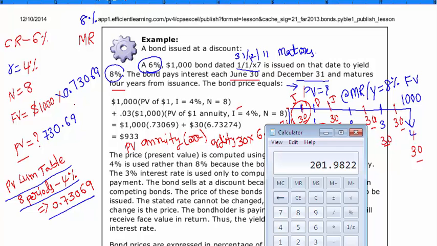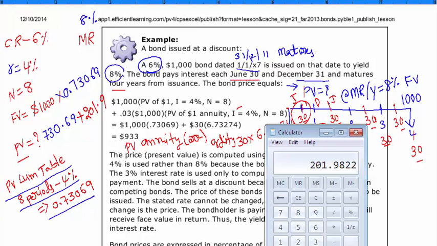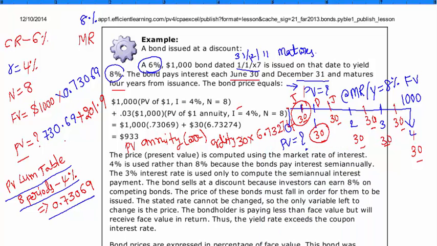Okay, then plus the lump sum present value 730.69. Okay, so 932.67, approximately $933 is the present value.